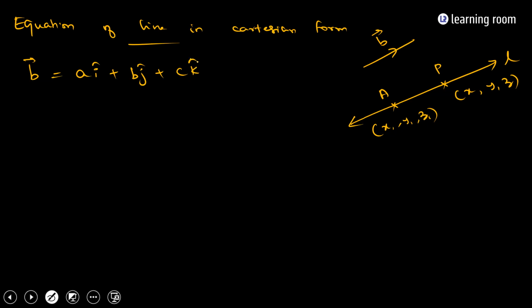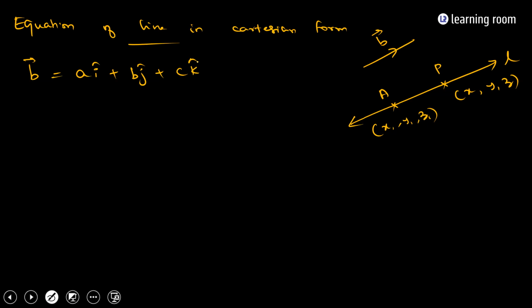See, this is where I want you all to pay some attention. There are places where we write the vectors using direction cosines, and there are places where we write the vectors using direction ratios. Here, one point I would like to stress. When I wrote this B vector, I wrote it as a i cap plus b j cap plus c k cap, where this a, b, and c represent the direction ratios of this line.